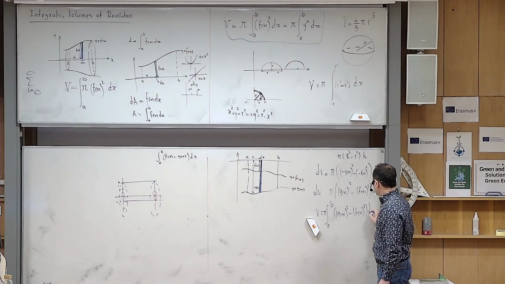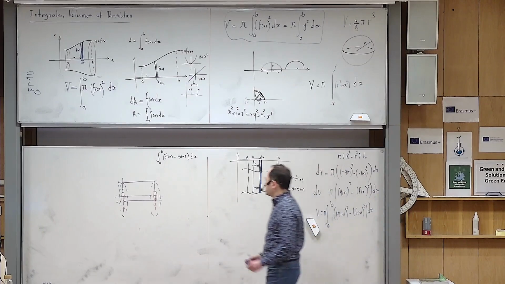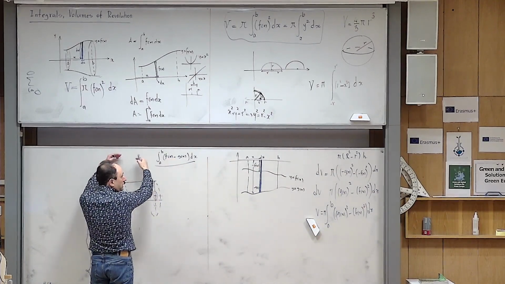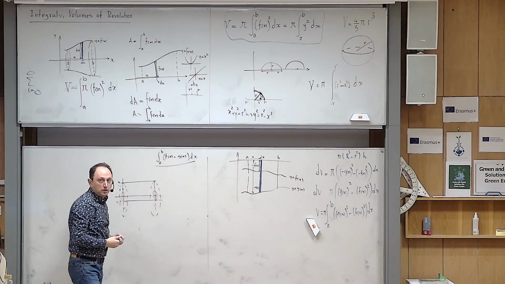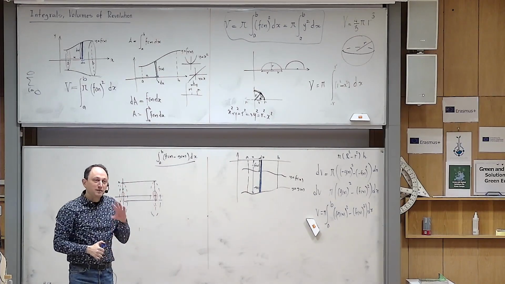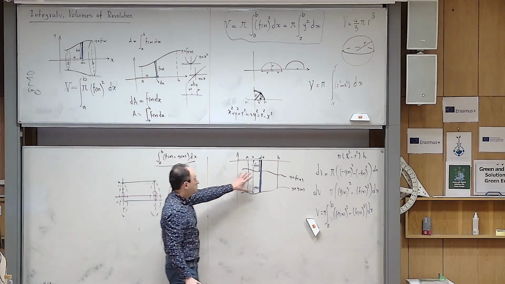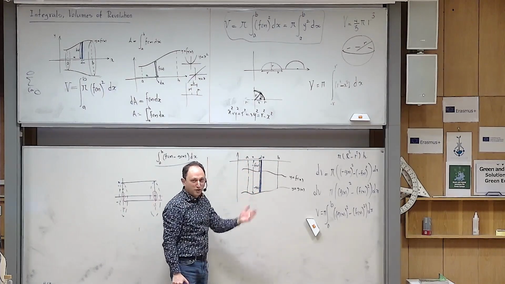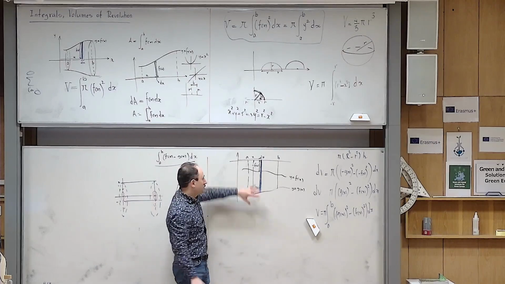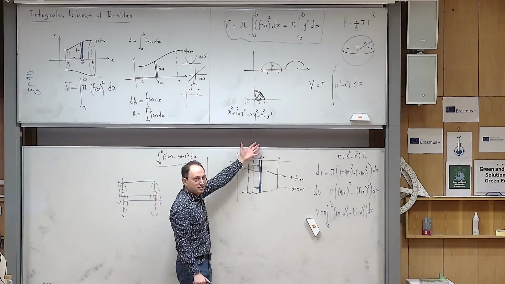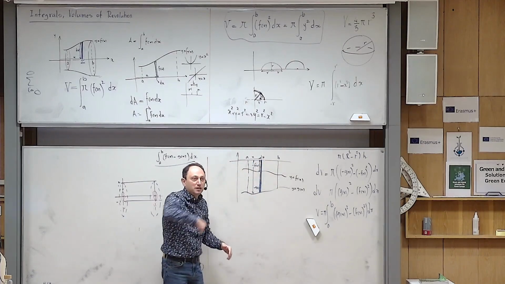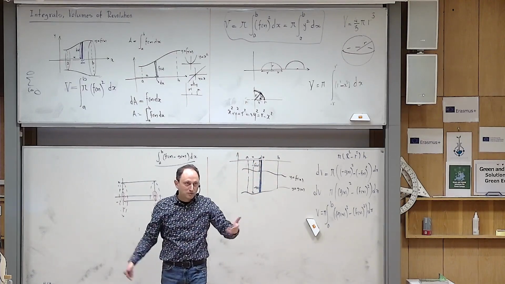So this is not as simple as the previous case. In the area case, it is always the curve above minus the curve below. But if I want to find the volume, it depends if this is completely located above or completely located below. And of course, for obvious reasons, because if you want to rotate this, the one farther away from the axis will become the bigger volume minus the smaller volume. Yes?